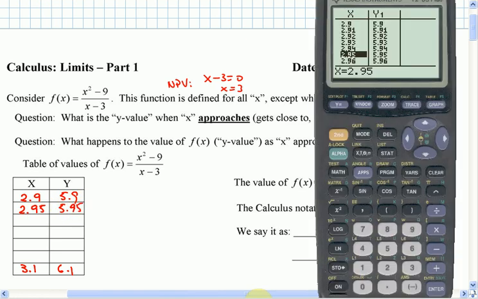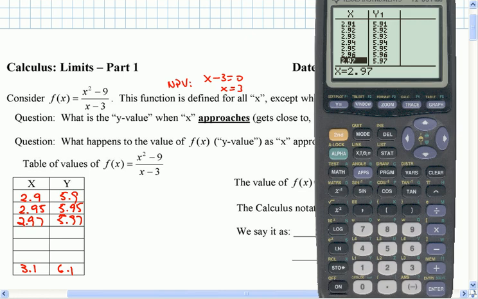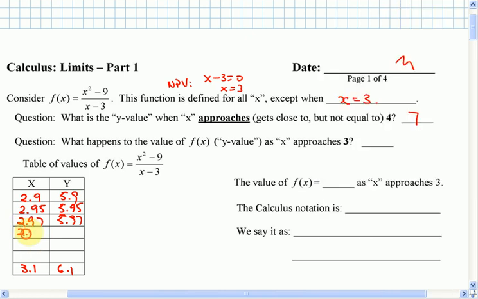I'm going to do a few more. How about 2.97? 5.97. Well, you might be thinking, I want to get even closer. How about 2.99? That's 5.99.